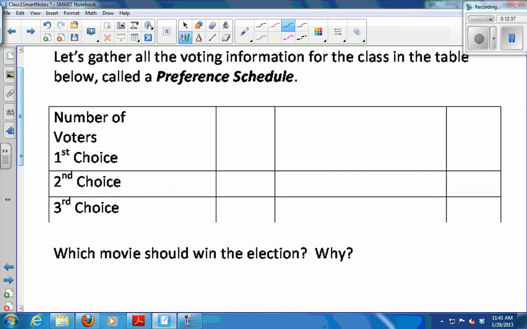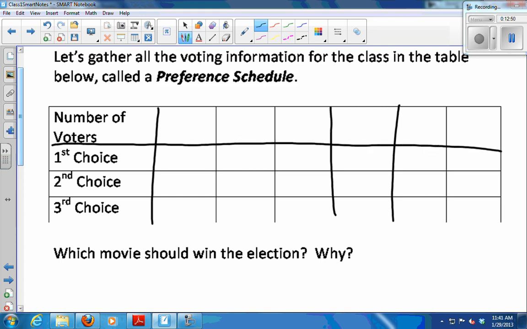All right, so let's gather all our voting information into a nice, handy little table. There's only so many ways we can vote. If you have A in first place, then you could either have B and then C as your second and third place choice, or C and then B. Those are the only ways that you can vote for A in first place.